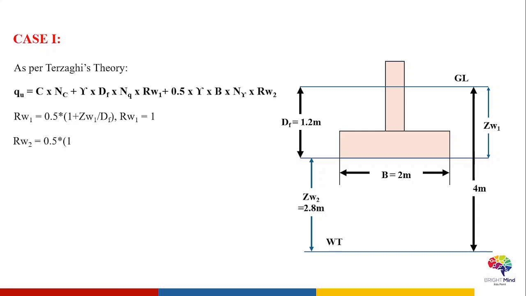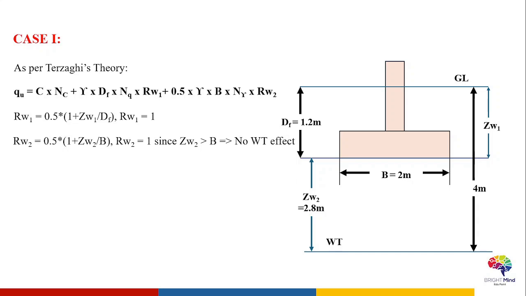Similarly, the second correction factor RW2 is found out using the expression 0.5 into 1 plus ZW2 divided by B. Now since the value of ZW2 is 2.8, which is greater than the width of the footing, there will be no effect of water table on the bearing capacity, which means the correction factor RW2 will also be equal to 1.